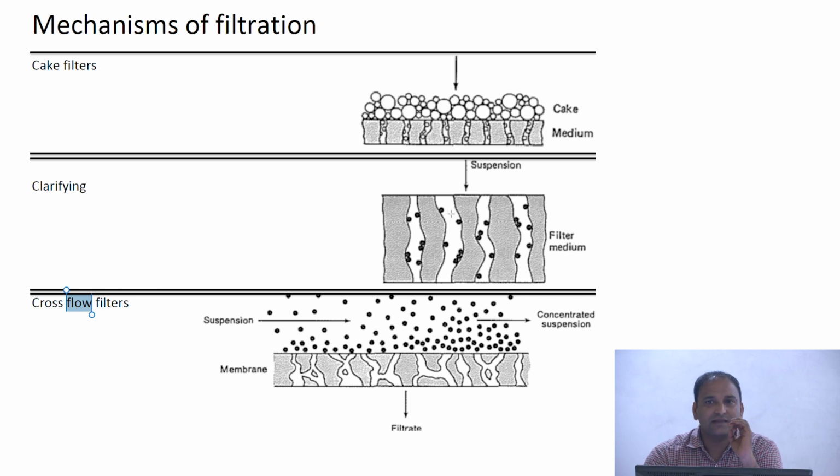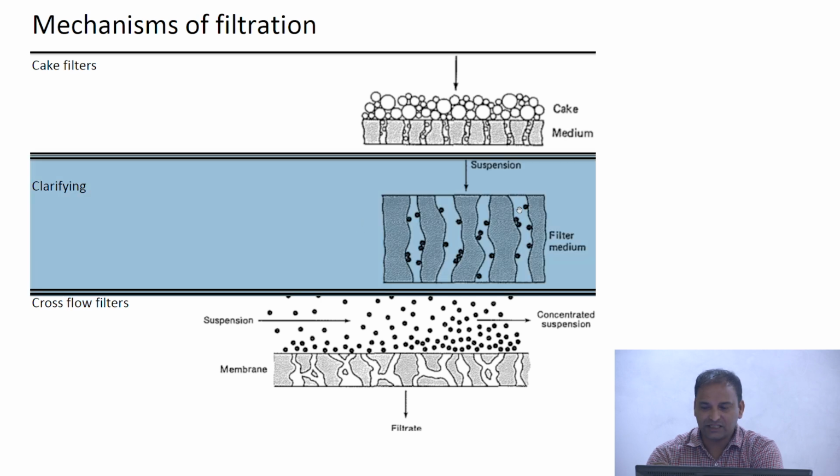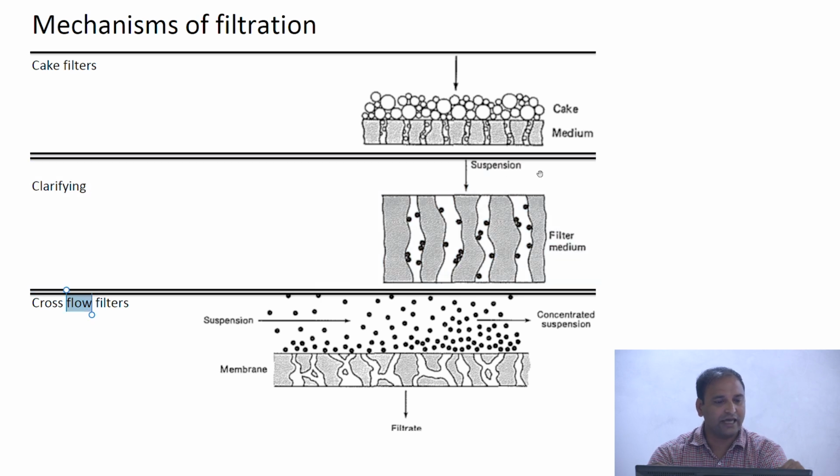You see that the size of the particles is even smaller than the pores in the filter medium. Typically the removal occurs because of the addition of these small particles to the surface of the filter medium.